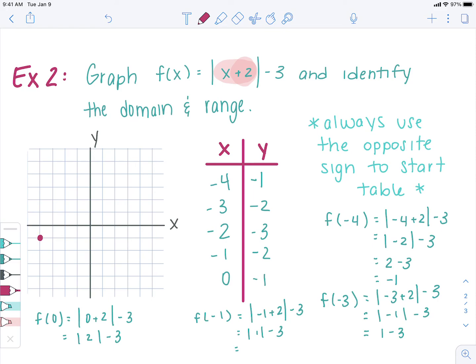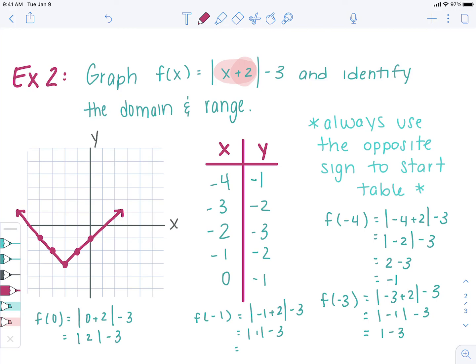Then I'm going to go -3, -2, then -2, -3, then -1, -2, then 0, -1. So I still have my V shape, which is what I wanted. It's just down in the third quadrant. We just moved it around, which is all that you're going to see. You're going to see it get moved around.